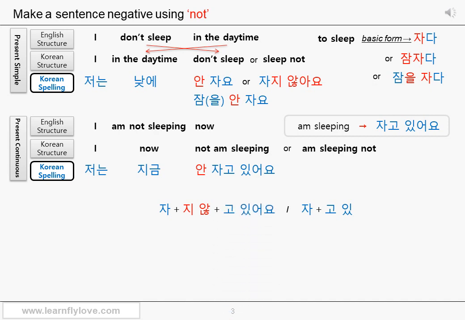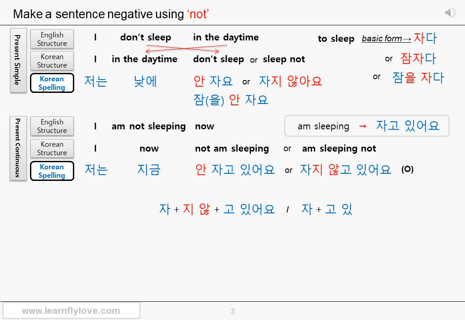Of course, you only use the stem 안 of 않다. Plus the continuous tense compound expression 고 있 plus the ending 어요. 자지 않고 있어요. 않고 here is pronounced 않고 rather than 안고. I'll tell you why in the next page.